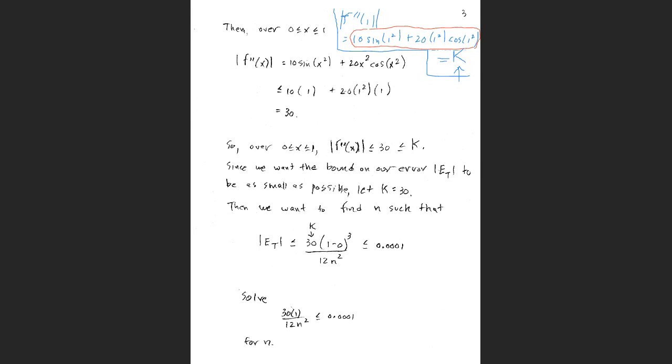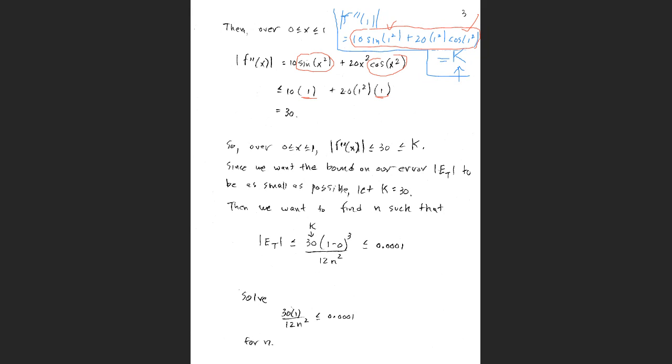But WebAssign will not accept that value for K, because the sine of 1 squared is not a nice value. The cosine of 1 squared is not a nice value. WebAssign wants a nice value. So what you have to do is say this. The sine of x squared at most would equal 1. The cosine of x squared at most would equal 1.